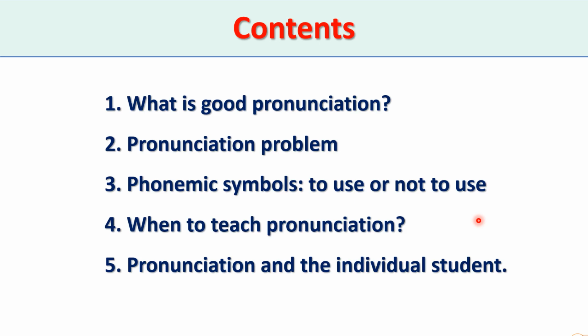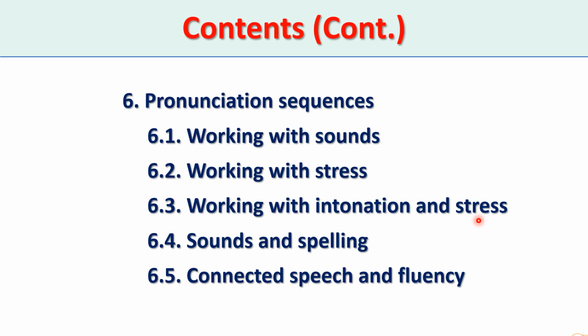Five, pronunciation and the individual student. And the last one, six, is about pronunciation sequence. We have five small points in the pronunciation sequence that we will present. So let's start with the teacher.